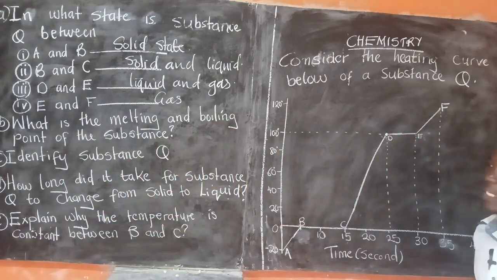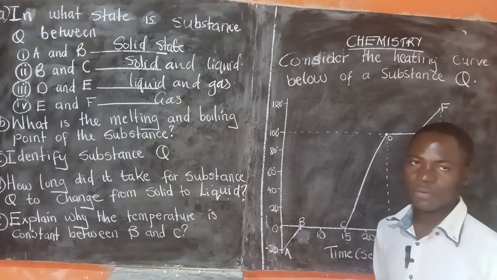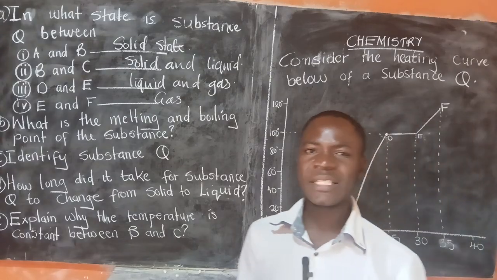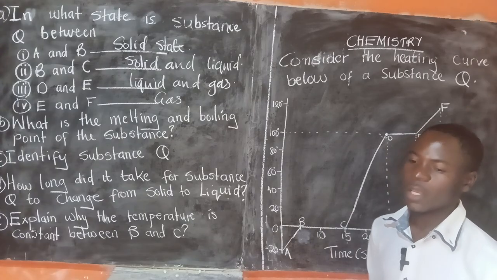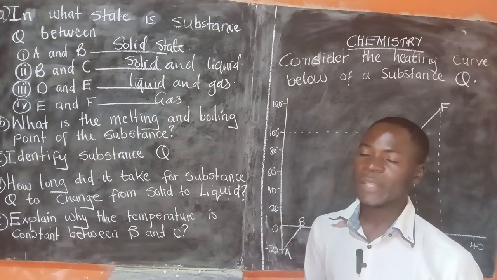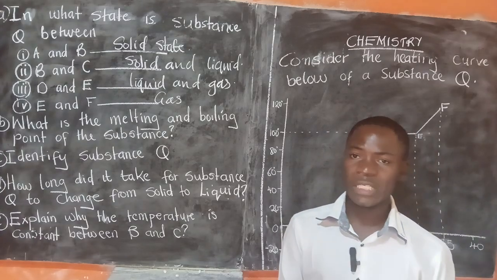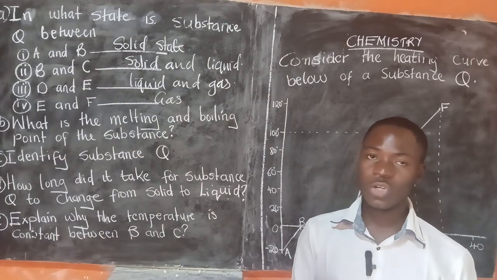Now let's reconsider question B, where they're asking what is the melting and boiling point of the substance? We must understand that if we are talking about pure water, the melting point is 0 degrees.